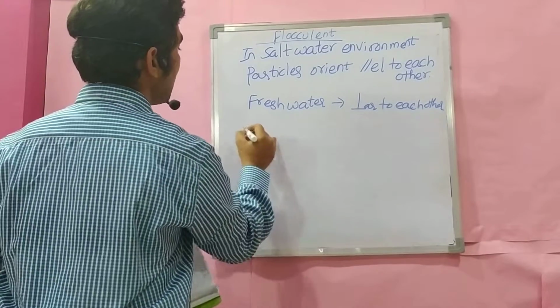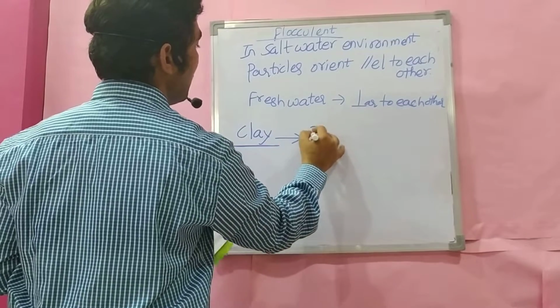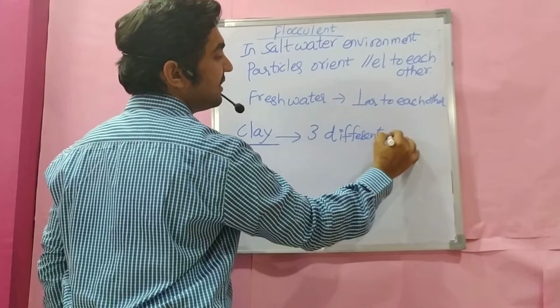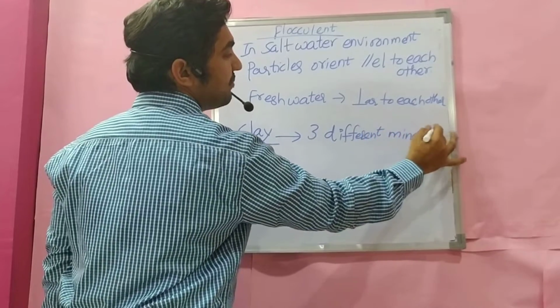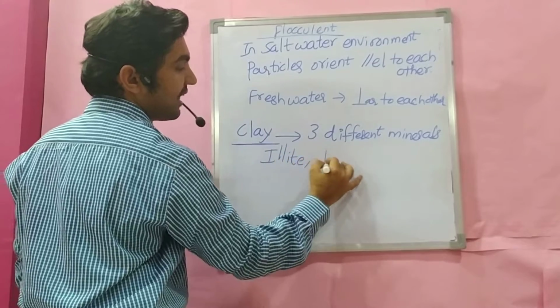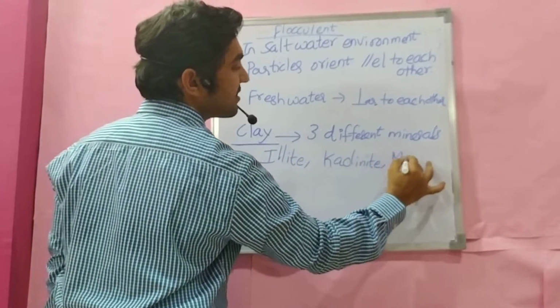Generally, you see the structure of a clay. Clay is made up of three different types of minerals. One is illite, second one is kaolinite, and third one is montmorillonite.